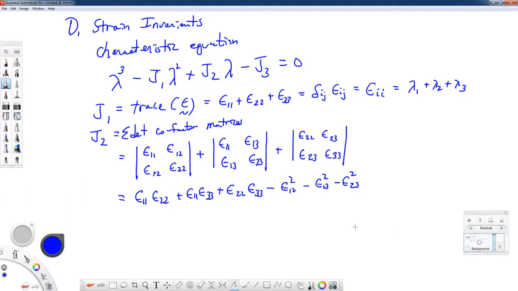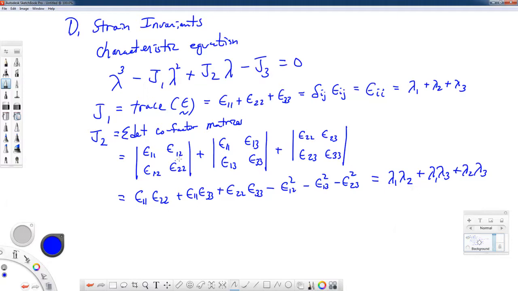It's not terribly important, in my opinion, that you memorize these, but you should know where to look to find them. And of course then we have an expression that we can write in terms of the principal strains or the eigenvalues. In the case where we have diagonalized the strain tensor, we can use this expression to find J2.